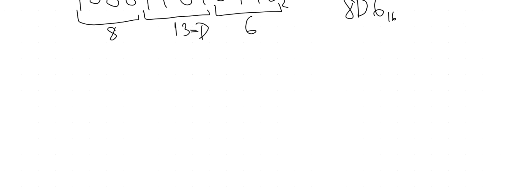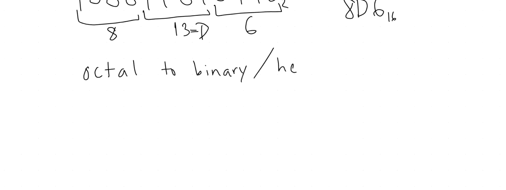What if you wanted to go the other way? Octal to binary, or hex to binary. So to go from octal to binary, say we have the octal number 7, 3, 4.